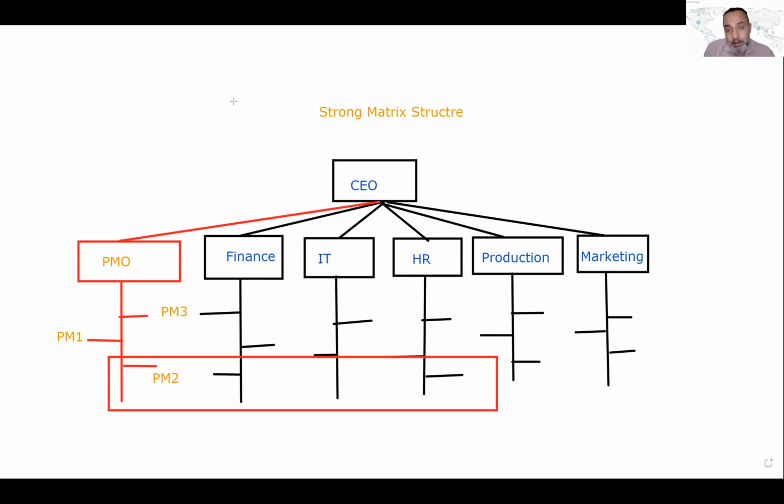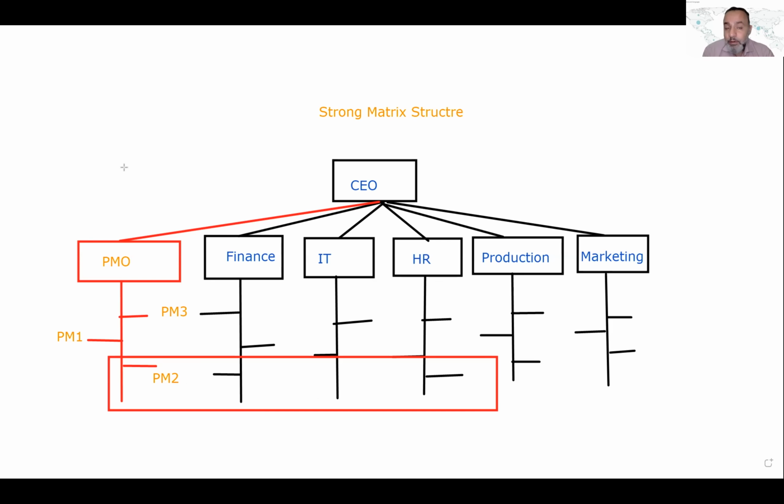Okay, and it might also be possible that for some projects you will find the functional manager within the project team. So the functional manager might be reporting to the project manager. In some projects, that's possible in the strong matrix. Functional managers reporting to the project managers. Okay.